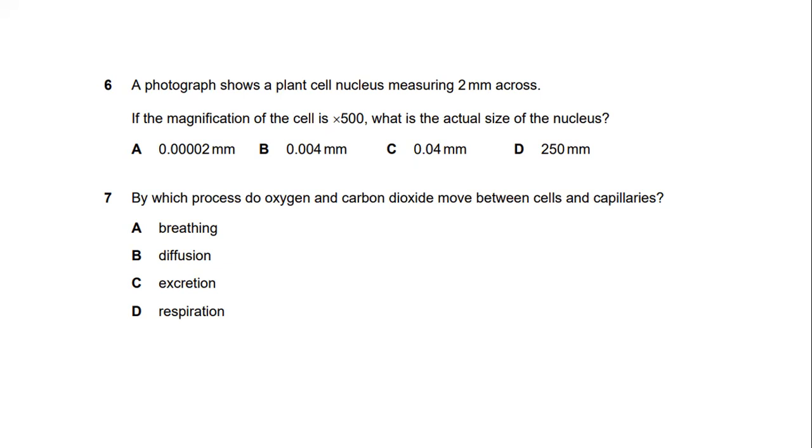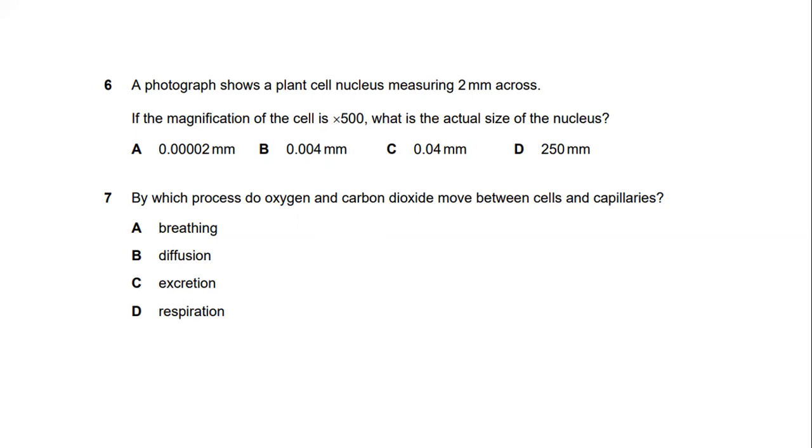Remember the formula to calculate: actual size is size of image in micrometer divided by magnification. 2 millimeter is equivalent to 2000 micrometer. 2000 micrometer divided by 500 magnification equals 4 micrometer. To convert micrometer to millimeter, it becomes 0.004 millimeter. So the answer is B.